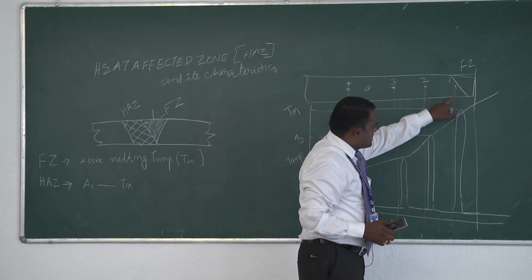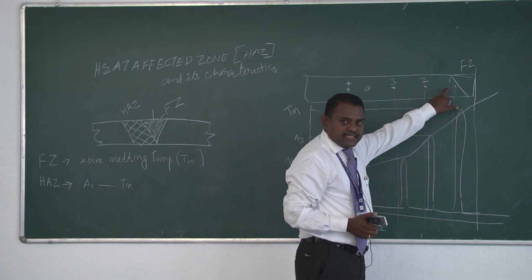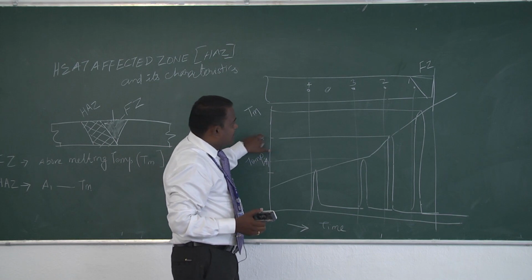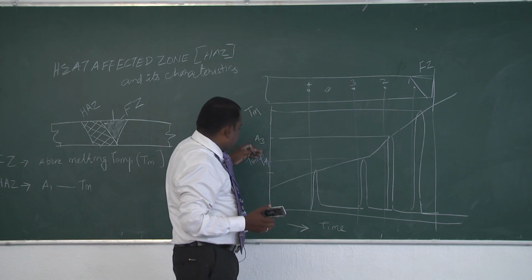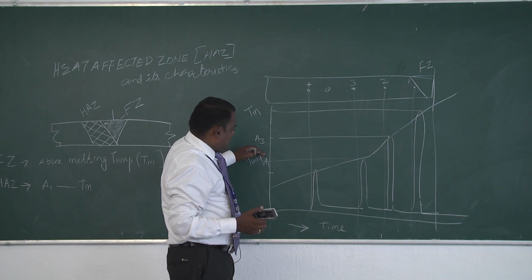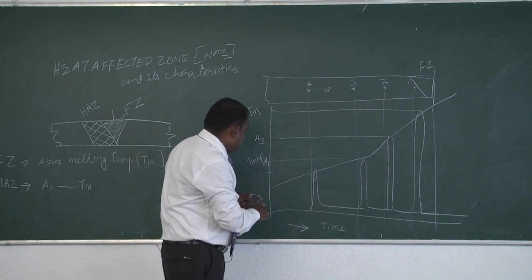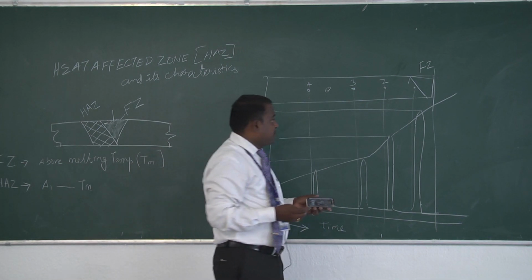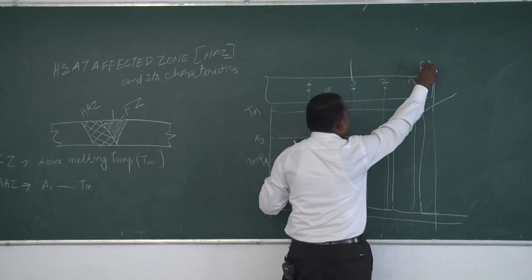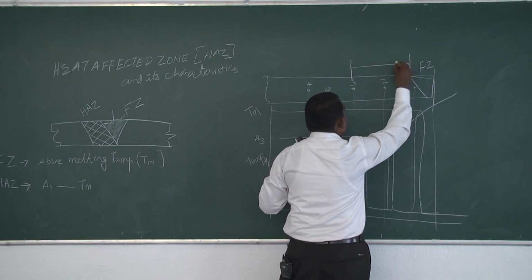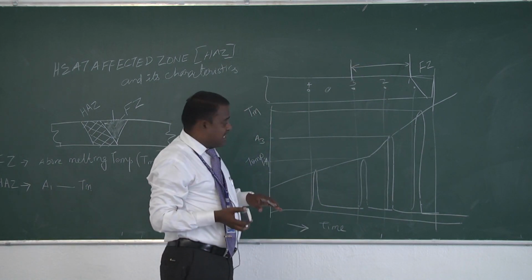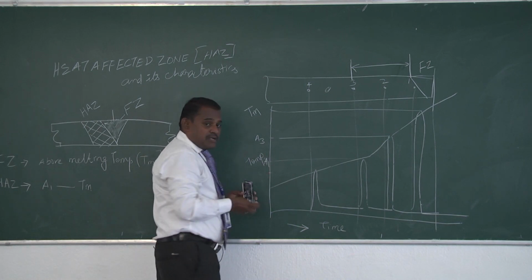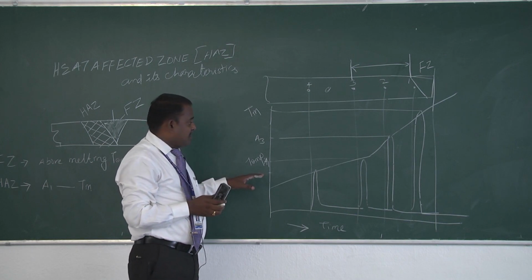Now, zone 1 will experience a very high temperature, nearly equal to the melting temperature of the base material, zone 2 will experience above A3 temperature, zone 3 will experience just above A1 and below A3, and zone 4 will experience a temperature less than A1, with respect to the iron carbide equilibrium diagram. Now, this is your real heat affected zone, because we know very well that iron and steel experience a phase transformation above the A1 temperature, which is the critical temperature of the material.